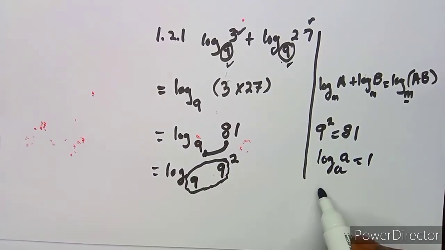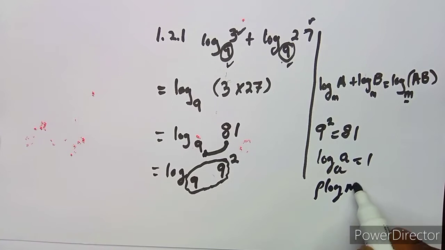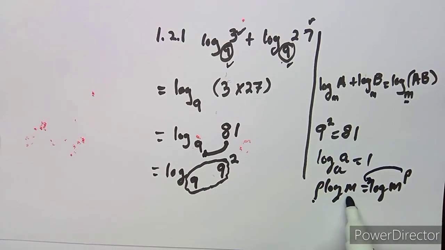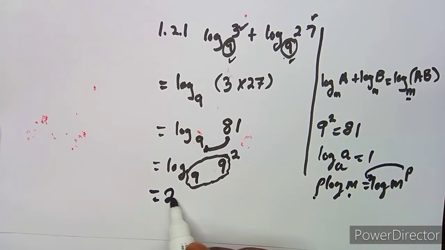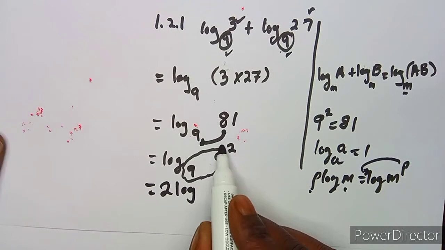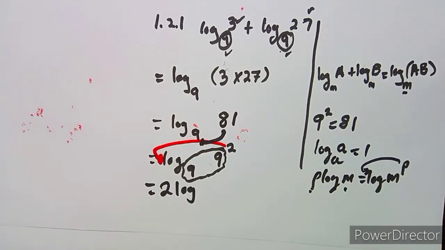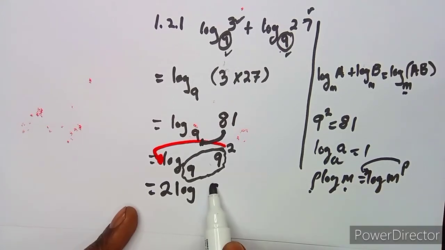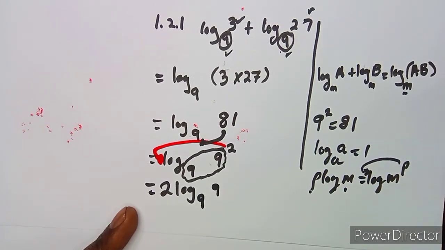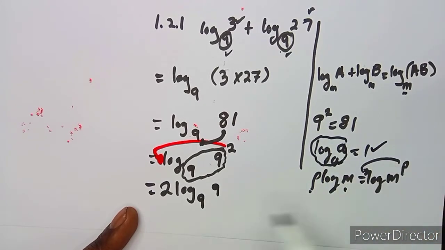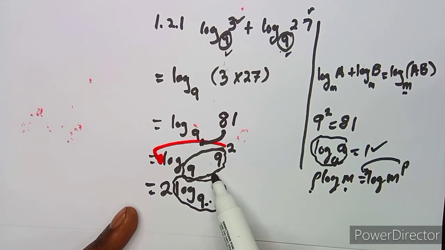So we have to drop the exponent using the law: whenever there is an exponent, you can write it as p log m. So this is going to be 2 log 9 base 9. Now we have log a base a, which gives us 1, so log 9 base 9 gives us 1.